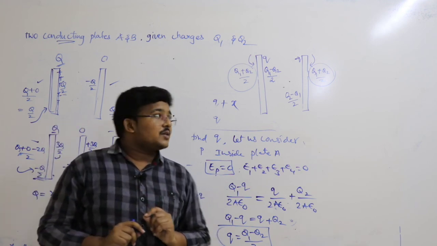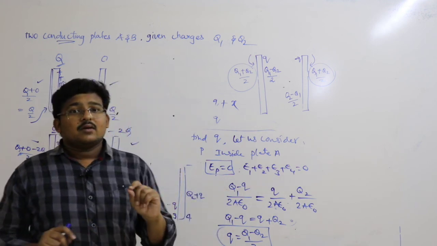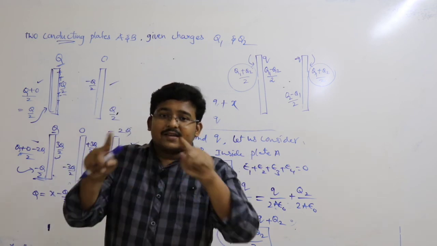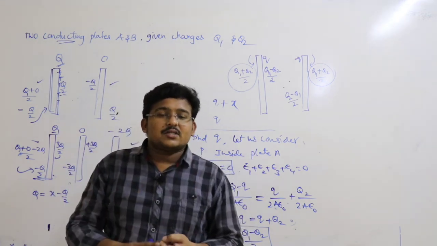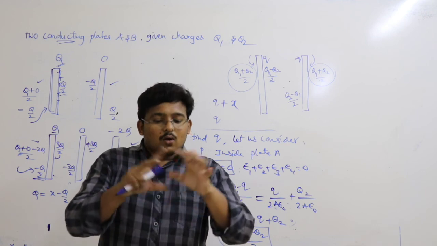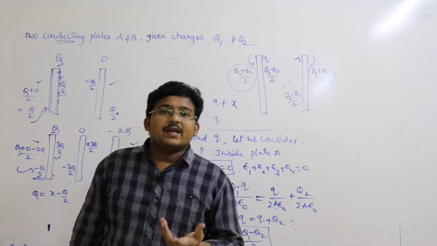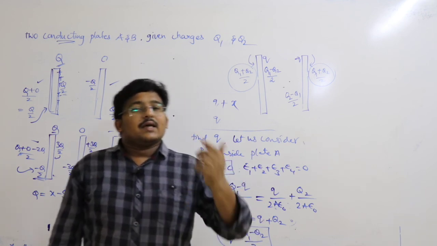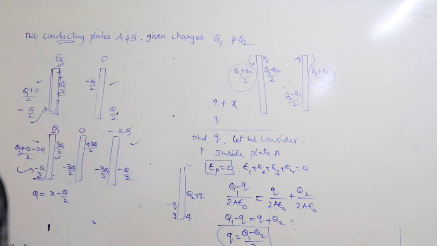The last one is volume, meaning taking spheres, conducting and non-conducting spheres, and how you can find the electric field intensities inside, outside and everywhere. Okay. So this is where the class concludes.